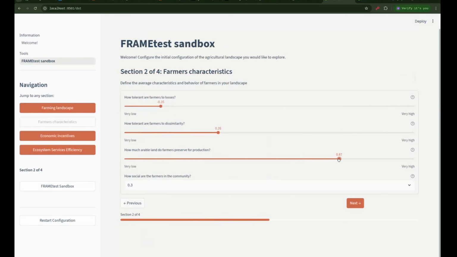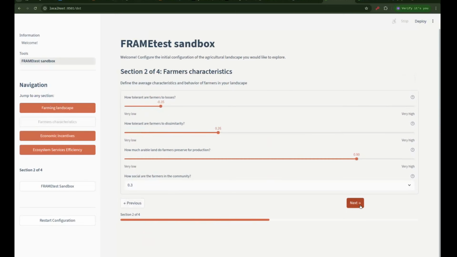One important parameter we use is the available land, or how much land is going to be used for production. If I select 0.9, it means that during the simulation, farmers would only use up to 10% of the total land to be converted into either hedgerows or forest strips or any other land type.